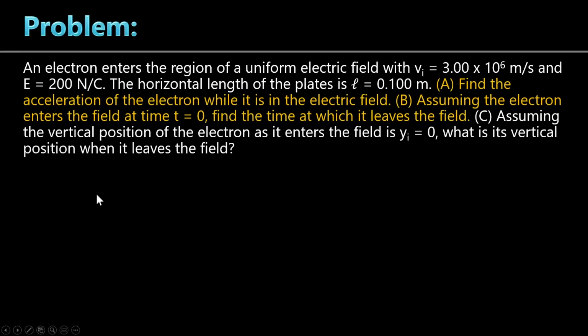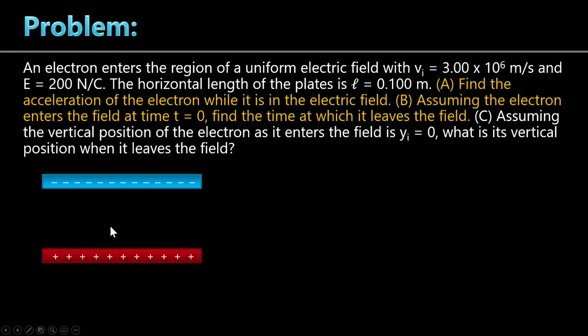Para ma-solve ito, kinakailangan gumawa muna tayo ng illustration. So, ito yung dalawang plates, positive at saka negative. Tapos, meron daw electron na papasok dito sa region ng electric field. Papalagay natin na ito yung electron. Ang electron, initially, nasa labas. Papasok siya dito sa region na nasa pagitan ng dalawang plates. At kung charged yung plates, therefore, sa pagitan nila, dapat may electric field.